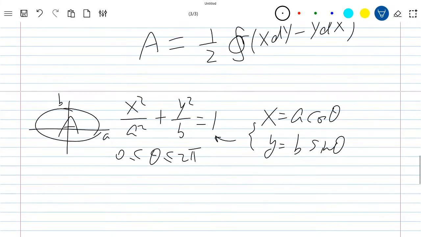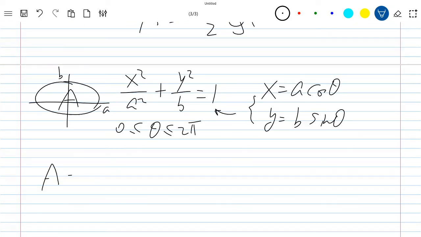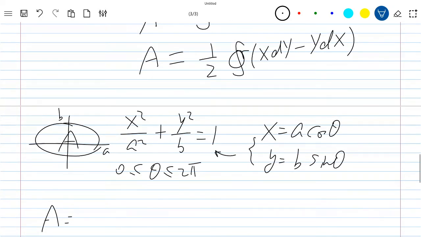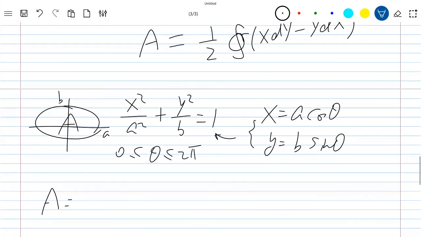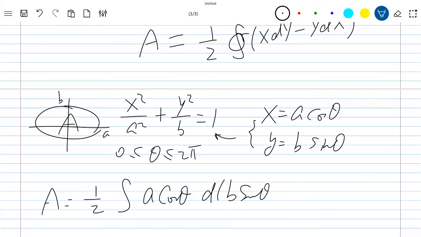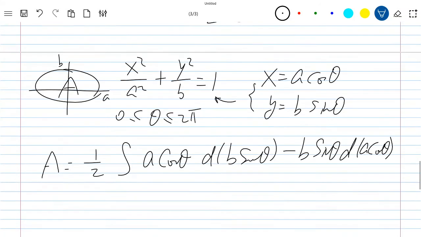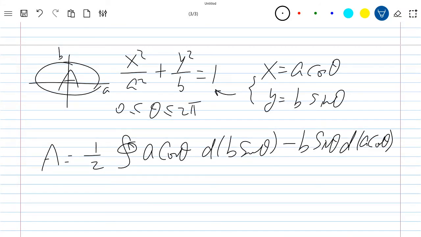Right? So let's find the area, and let's use the last formula there. One half, and x dy, so let's plug in x, a cosine theta, and dy is d of b sine theta, minus y dx, over this counterclockwise loop.